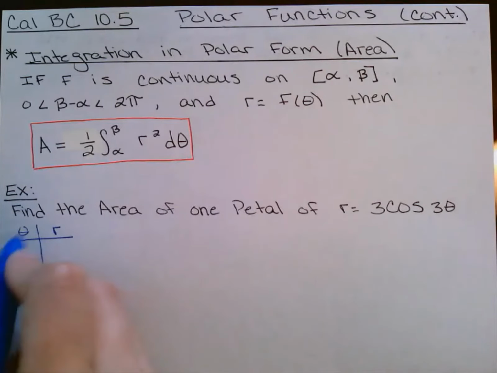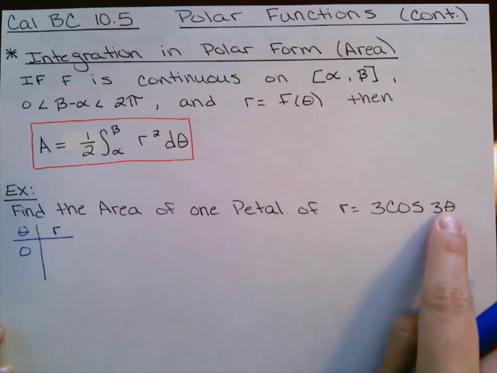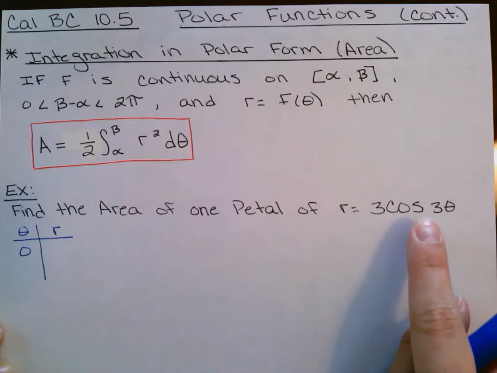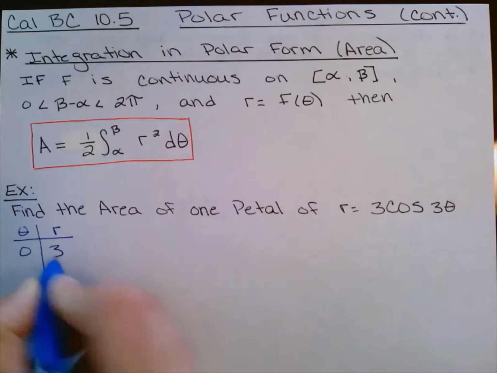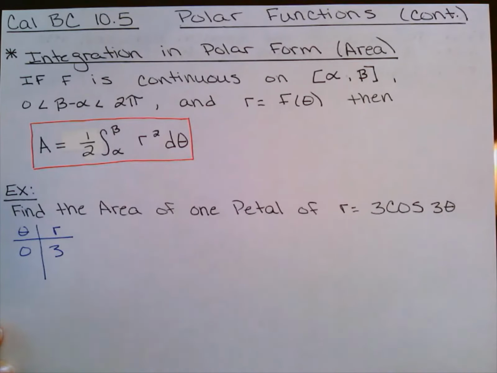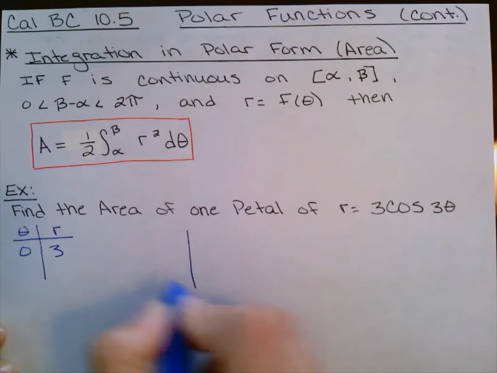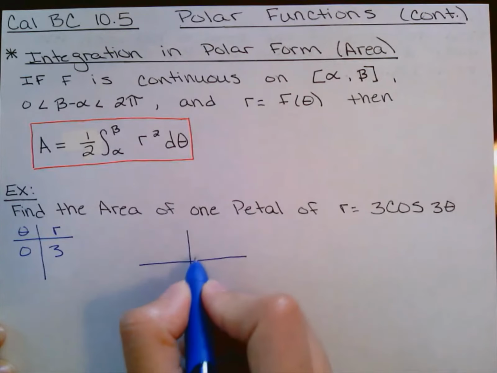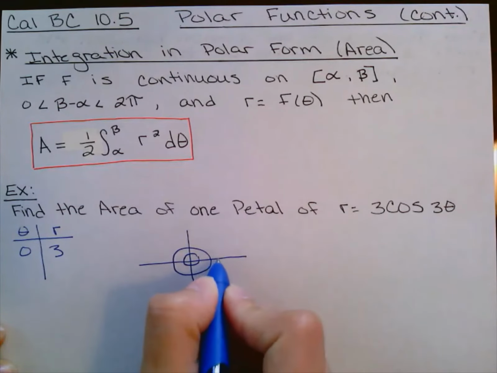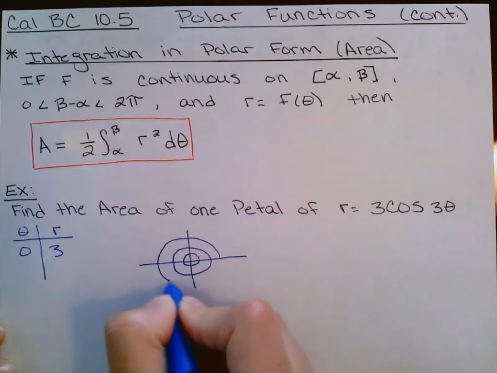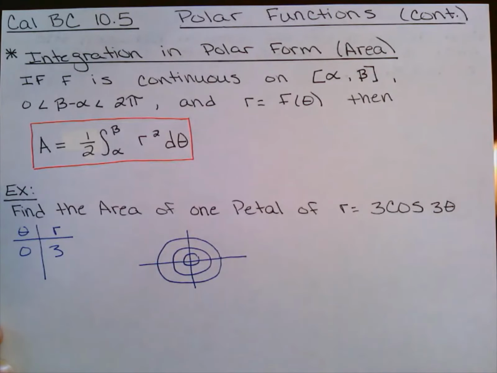So an easy one to plot would be 0. If I plug 0 in here, we've got cosine of 0 times 3. That's going to give us 3. Okay, so I already know that on my polar function, don't mind my drawings there. I already know that there's going to be a point out here on 0.